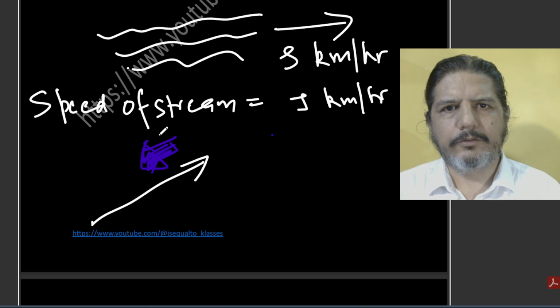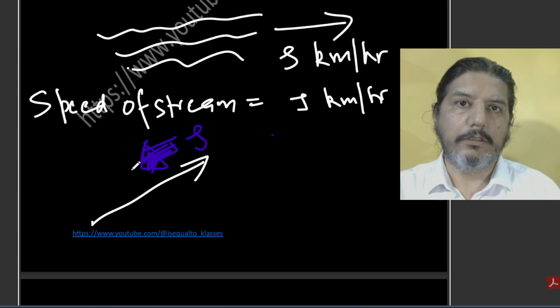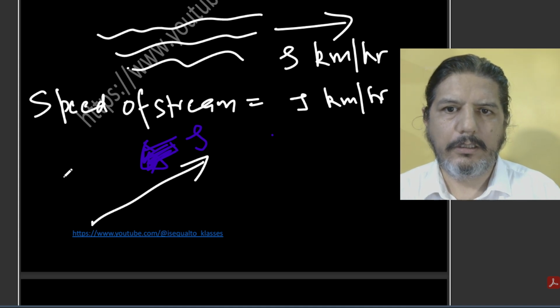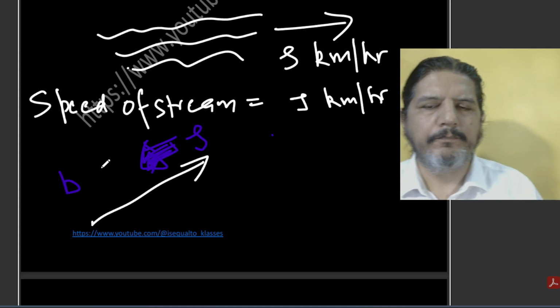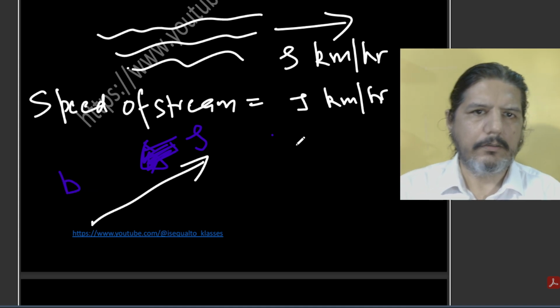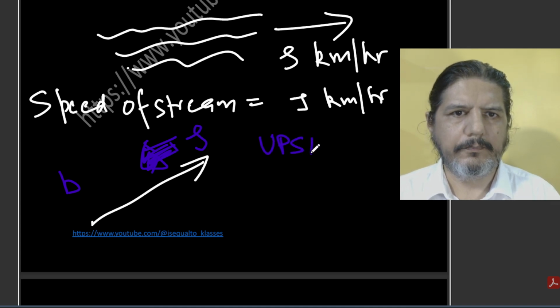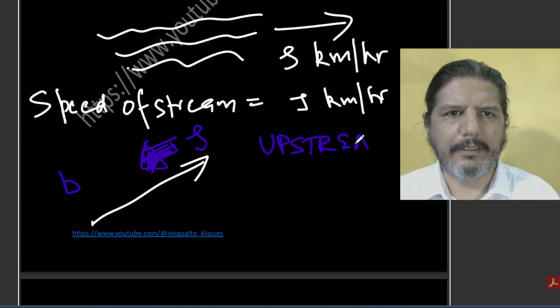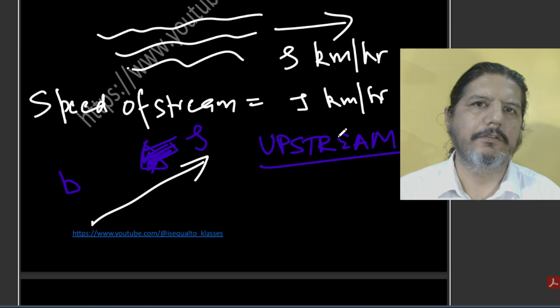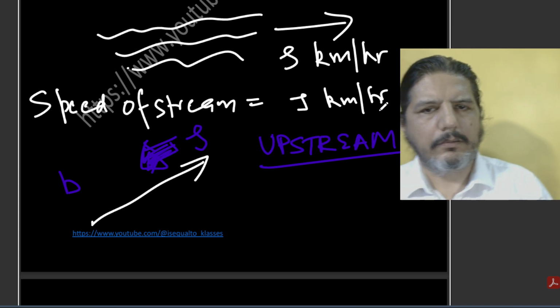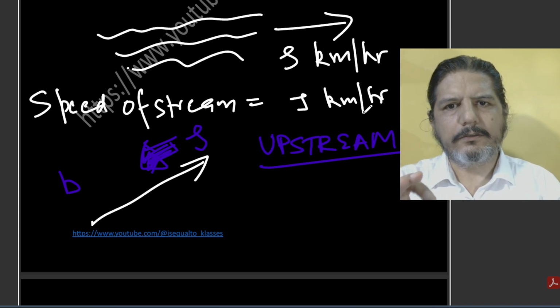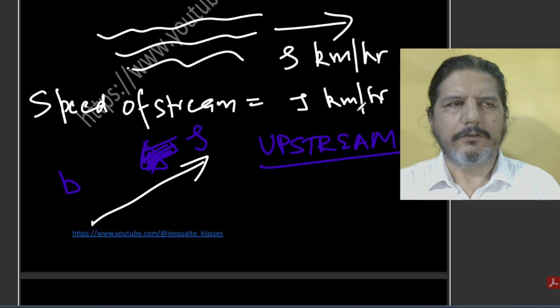So this will be the speed of stream, so this will be s, and your speed would be b. Now here what you need to see, this is what is called upstream. Upstream implies you are going against the stream.